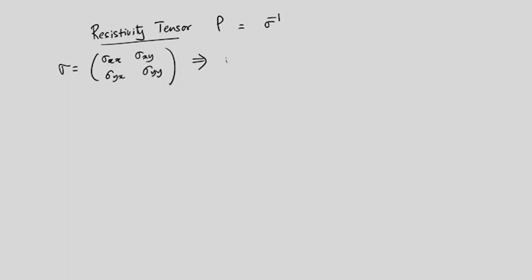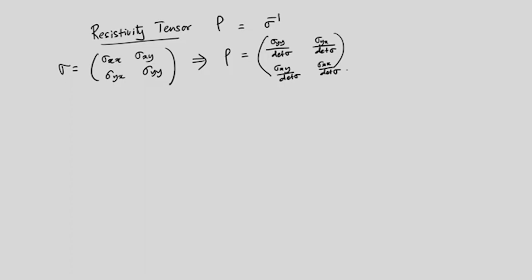So, this will be like sigma yy divided by the determinant of sigma, and then sigma yx and so on, divided by the determinant. So, it is basically the cofactor divided by the determinant. And this is like sigma xy, I think there will be a sign somewhere, and so on. Okay. So, this is sigma xx by the determinant of sigma. This will give you the rho matrix, or the resistivity tensor, which is what we have called it.